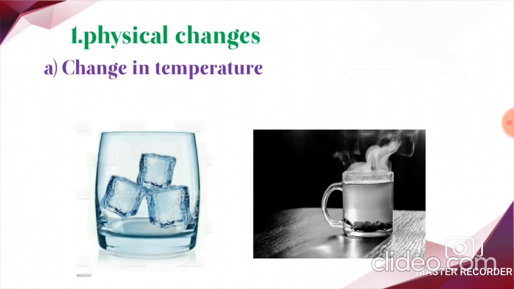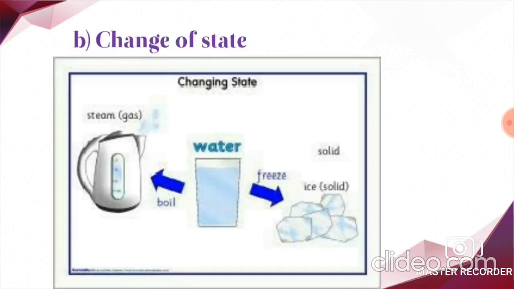That is, removal of heat from a body or addition of heat to a body brings about a change in its temperature. So when we heat a body, its temperature rises, and when we cool it, its temperature falls. That's why change in temperature is one of the physical changes, and it is due to the effect of heat.